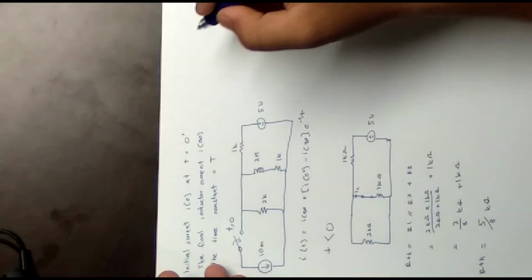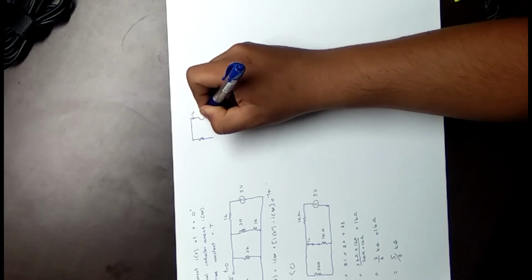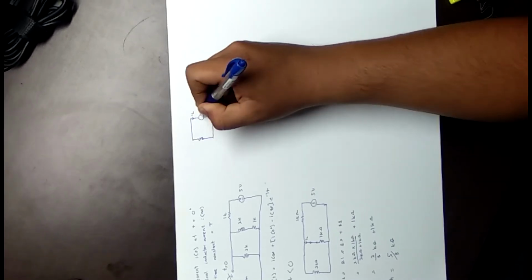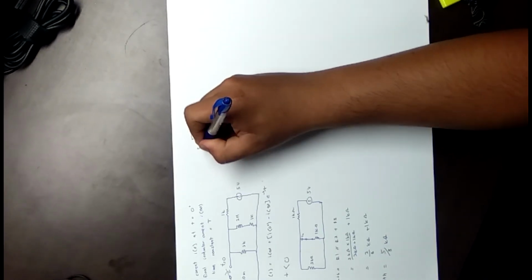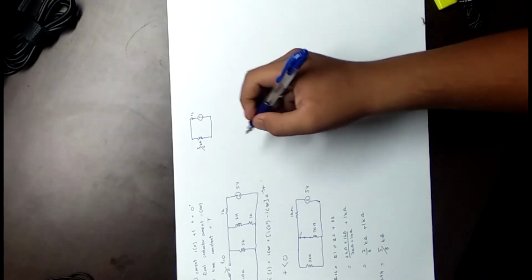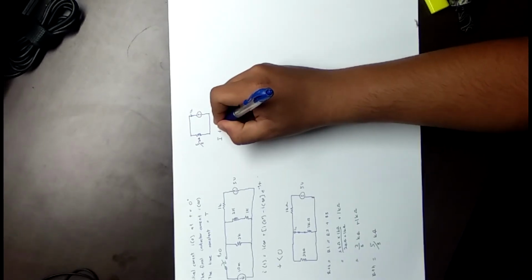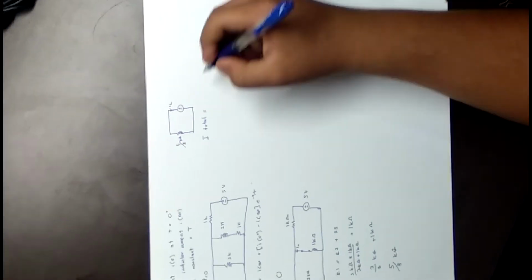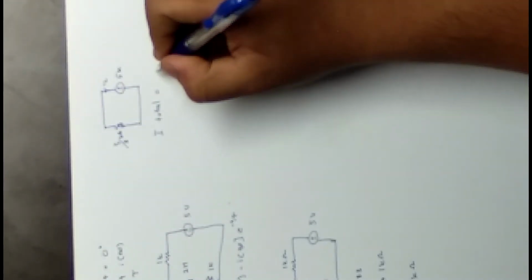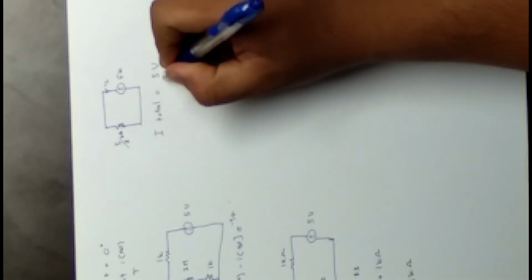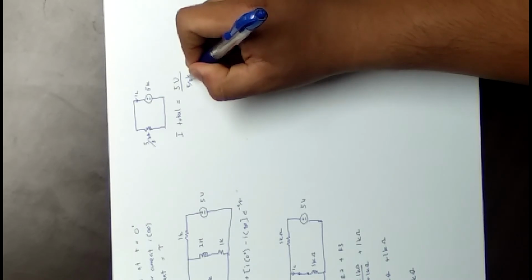After that, we redraw the circuit like this. 5 over 3 kilo ohm. After that, we find the I total, which is equal to 5 volt over 5 over 3 kilo ohm.